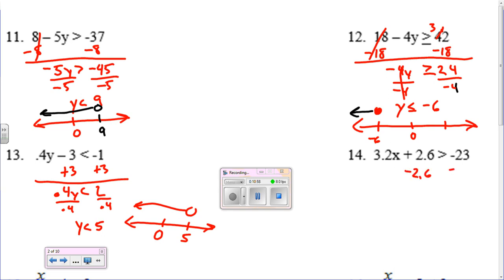Getting a little sloppy here. Subtract the 2.6 over. It gives you 3.2x is greater than negative 25.6. Divide by 3.2. I'm feeling the pause button again.